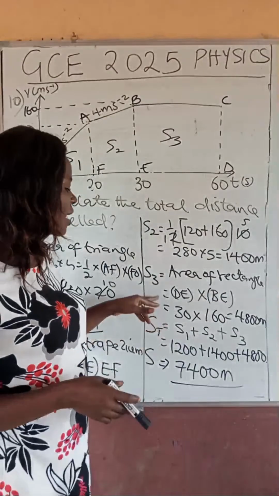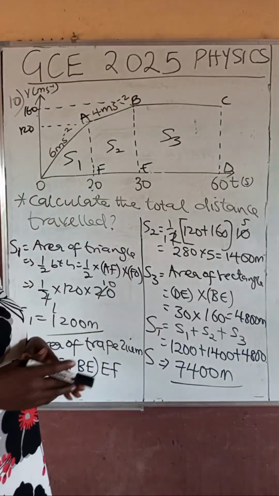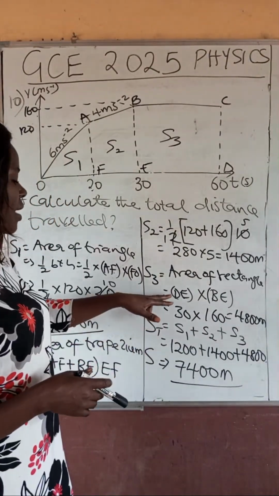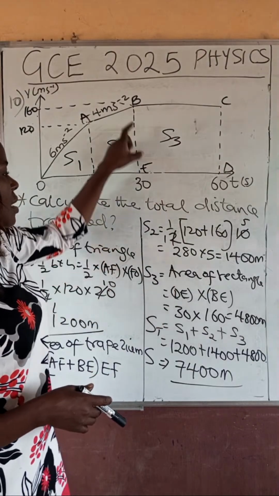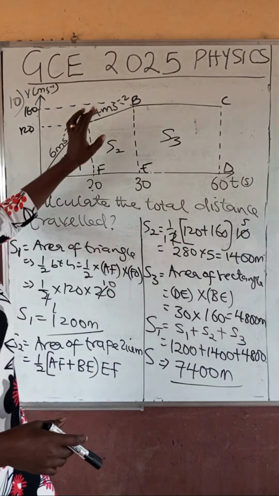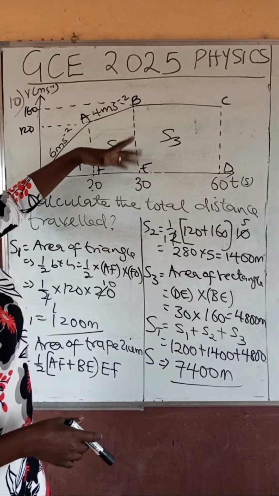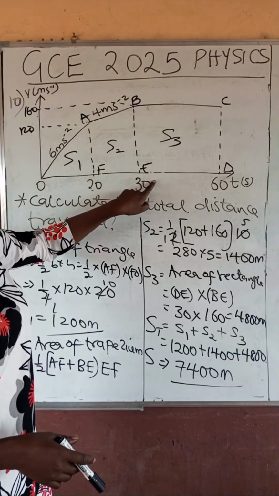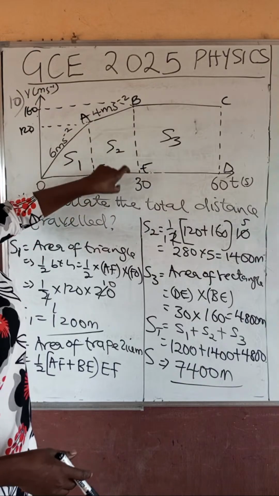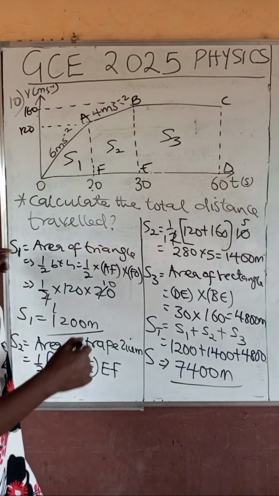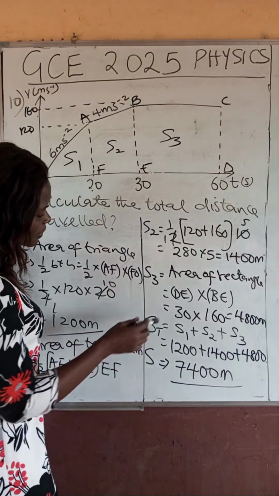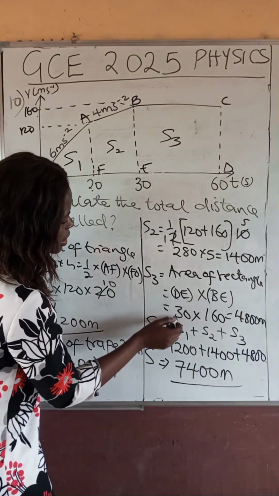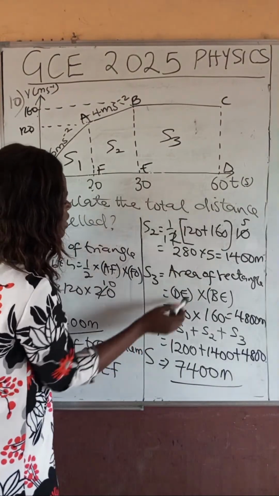Right? Then coming to the last one, which is the area of a rectangle. So I have length times breadth. I can use any of them as my length. My length is DE. Then my breadth is this, right? The difference between this and this is 30.